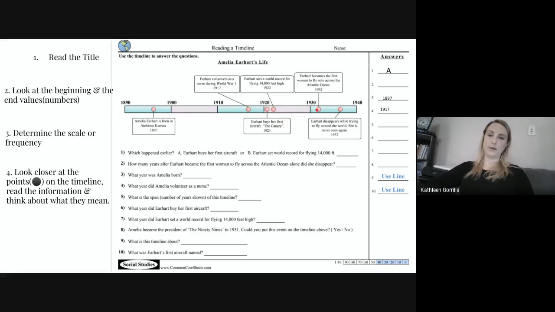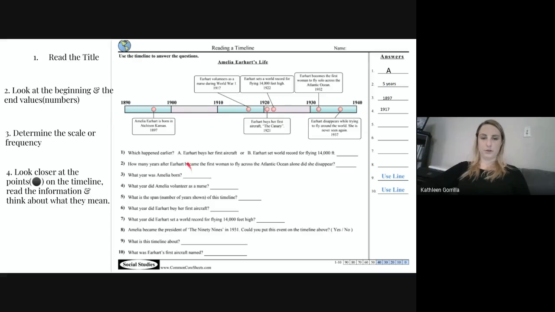How many years went by between those 2 points on our timeline? So let's think 1932, 1933, 34, 35, 36, 37. That was 5 years went by between these 2 dots. So I put my answer 5 years.